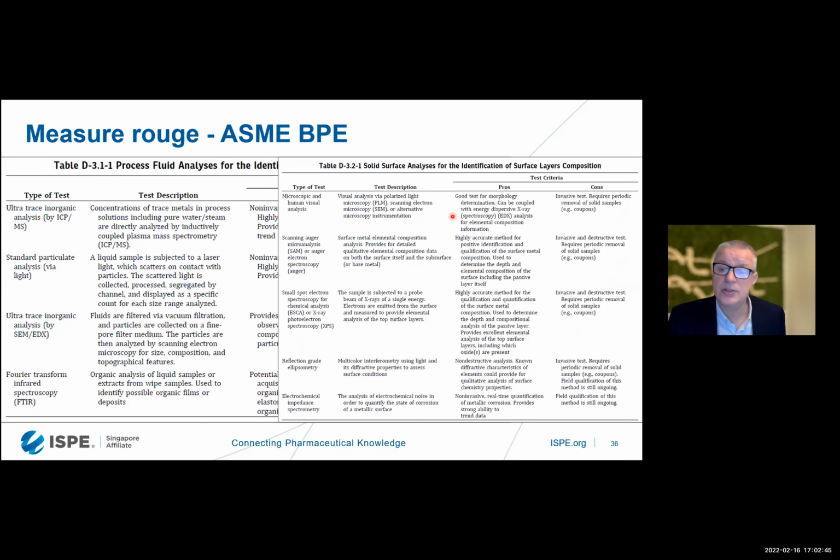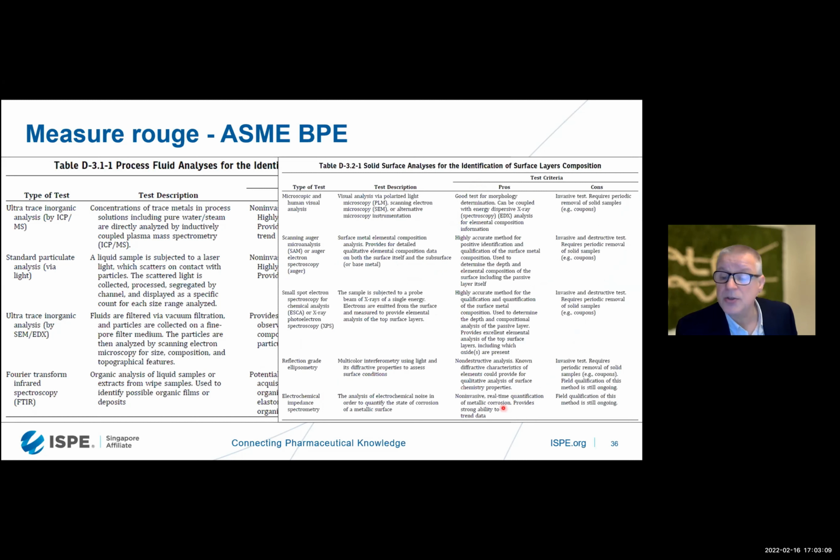While the solid surface analysis, the problem with them is that they are invasive. But they give you more accurate information about the rouge that you have in the system. And there is a new system that is being tested now that is called electrochemical impedance spectrometry.